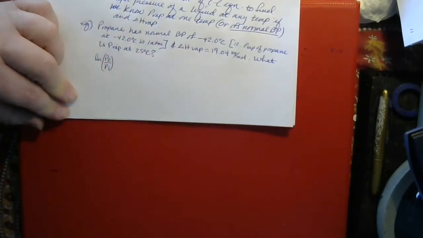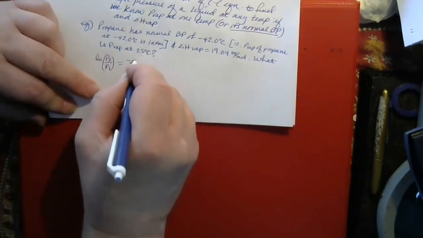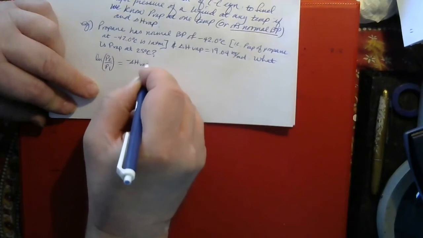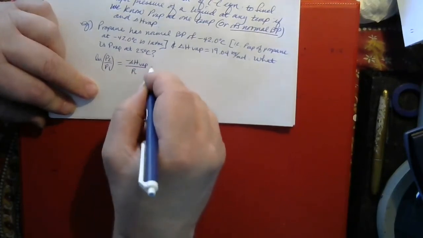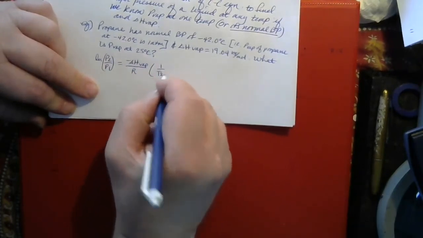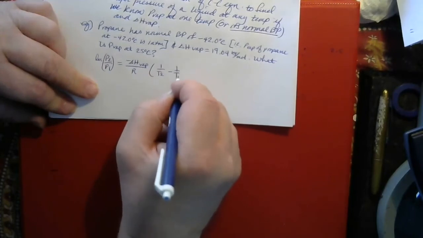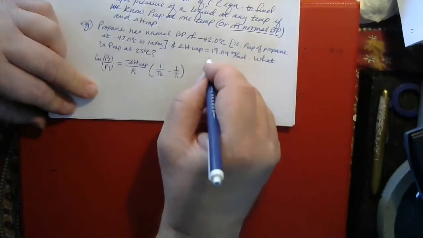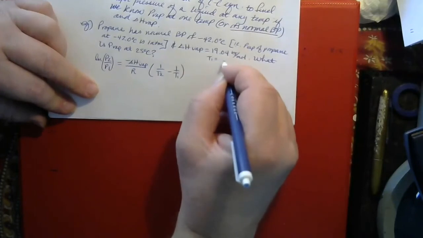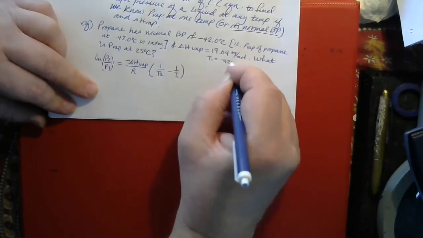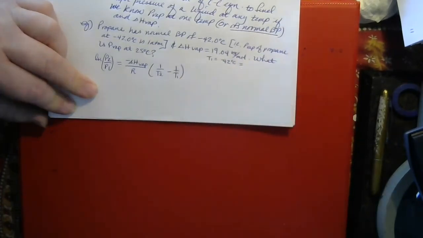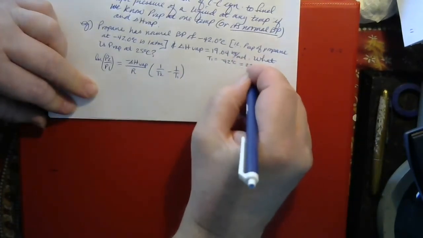So natural log of P2 over P1 equals negative H vap, heat of vaporization, over R, times 1 over T2 minus 1 over T1. And let's see, T1 is minus 42.0 degrees Celsius, and in kelvins, that's 231.